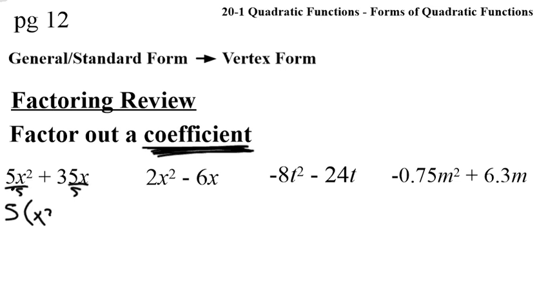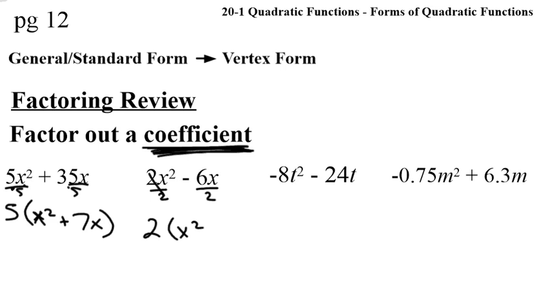That leaves us with x squared plus 7x. I'm not worried about factoring out an x. I just want to factor out the 5. Second one, what would I factor out? I would factor out a 2 so that I can get the x squared by itself. Divide both of them by 2.